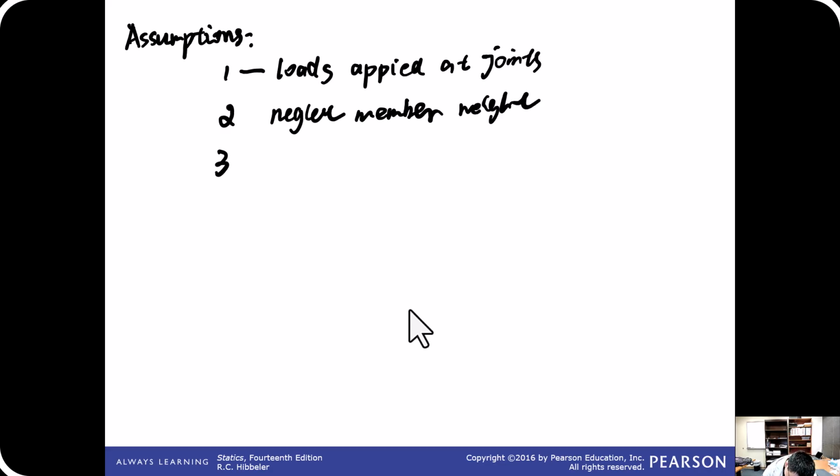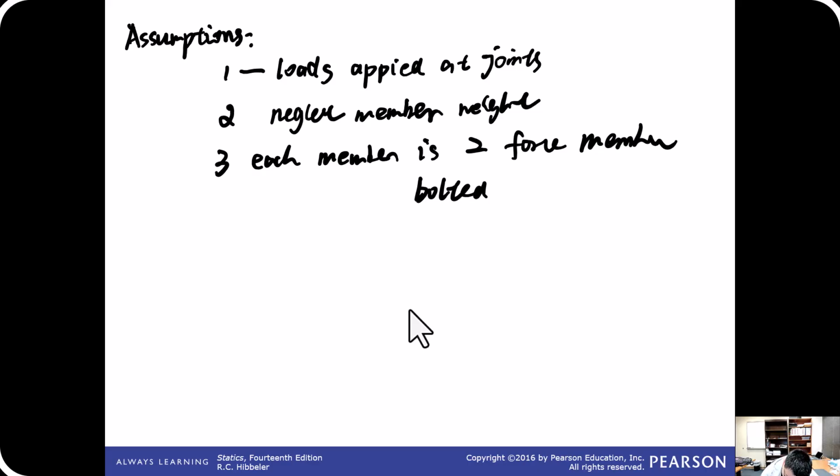And then each member is a two-force member, and they are bolted at joints. Two-force members means each member will be either in tension or compression.